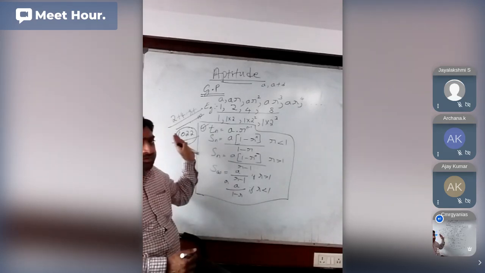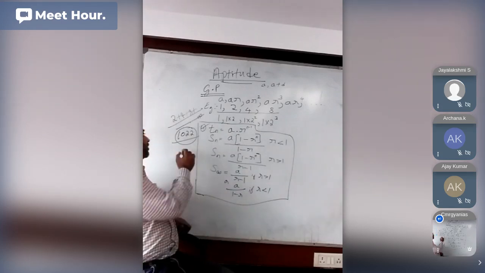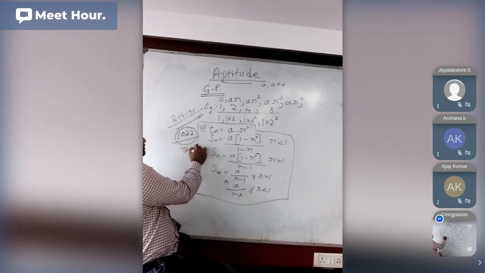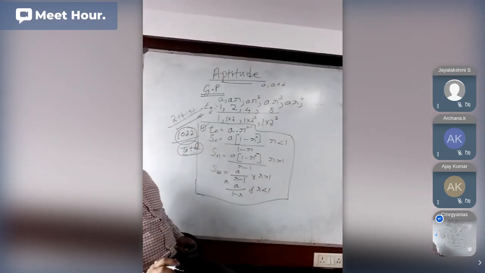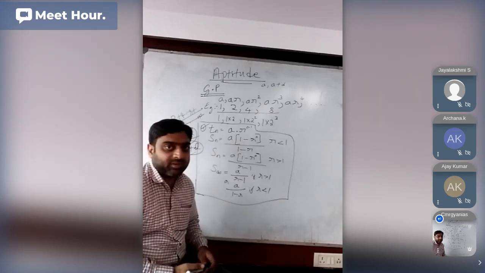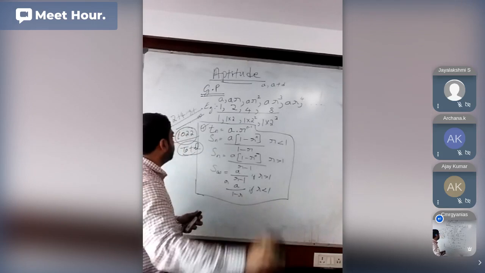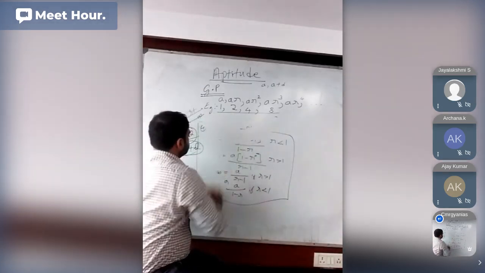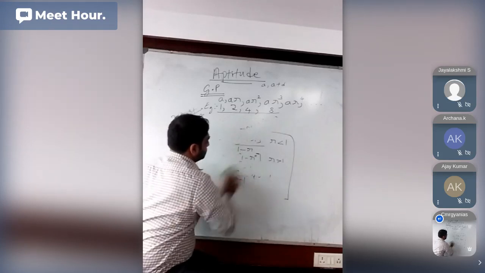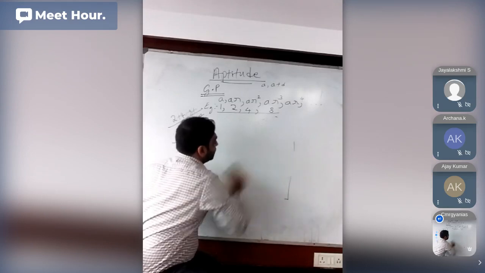how many consecutive terms are required to make the total? So this is the total. How many consecutive terms are needed to make the total as 1022? So let us try this. Now which formula we should use?